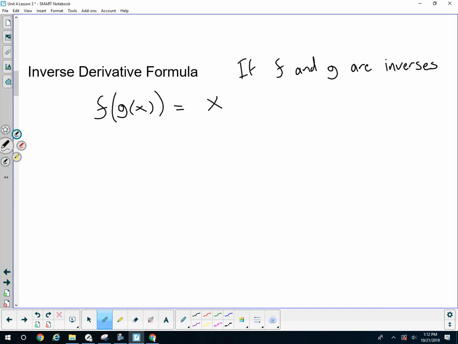Okay, so just a quick reminder, what we're trying to find is this g prime at b. Okay, and it's like, all right, well, g's got the point b, a. What is its slope?